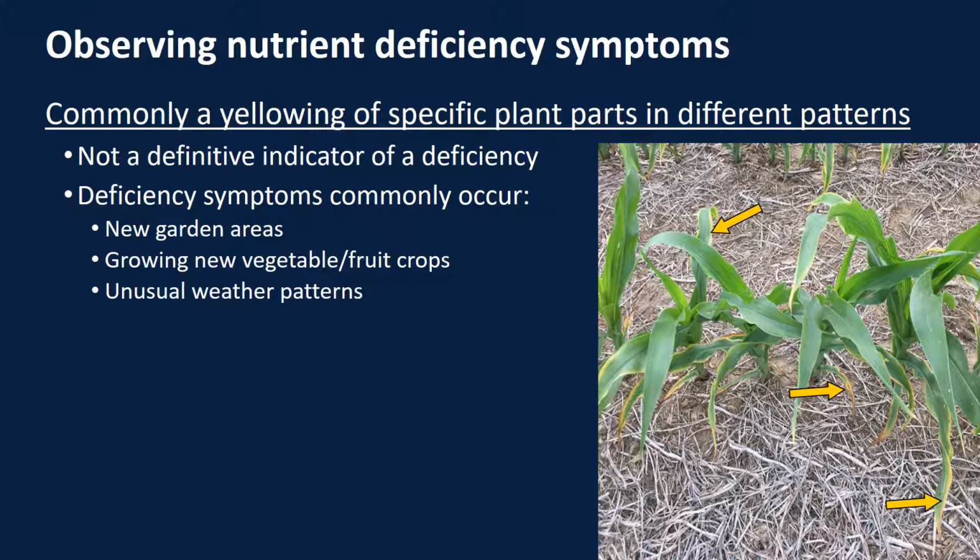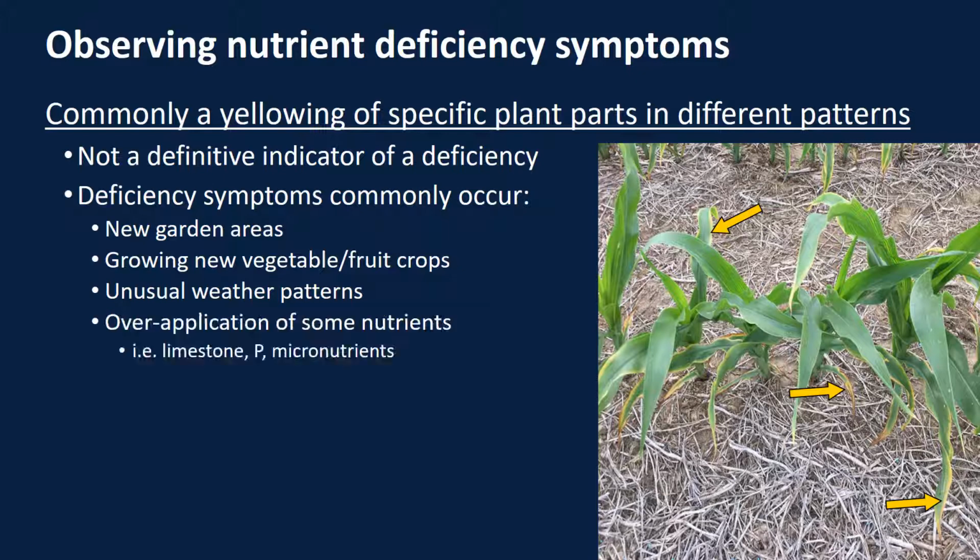And then again, as we mentioned earlier with phosphorus, we can sometimes see certain deficiencies such as phosphorus due to unusual weather patterns. Maybe we go hot, dry, wet, dry. Or else it's really cool in the spring, so microbes can't break down certain nutrients to make them available to crops. All these different things can affect availability of nutrients.